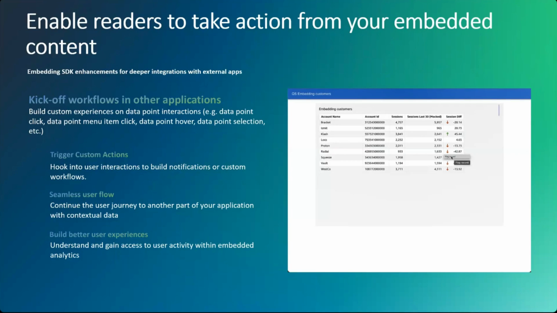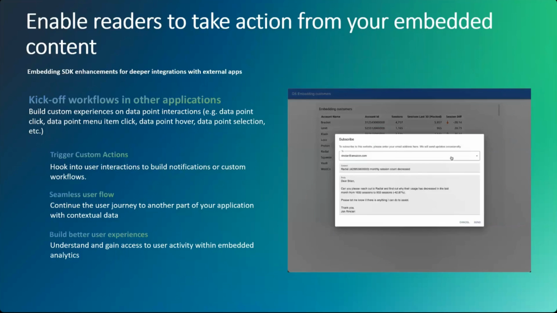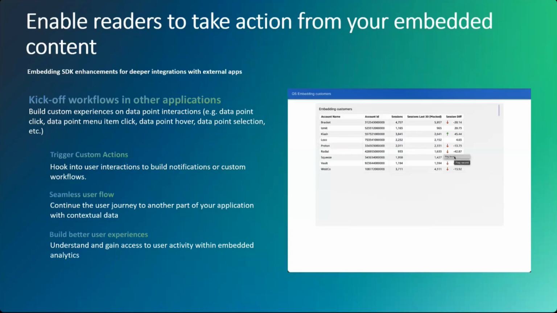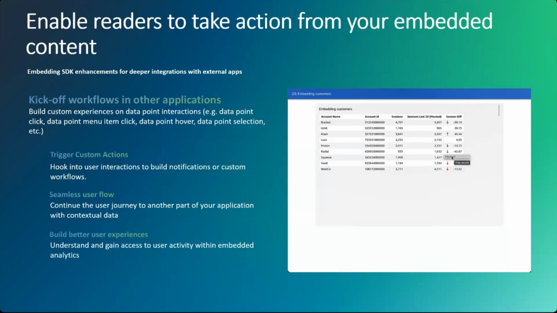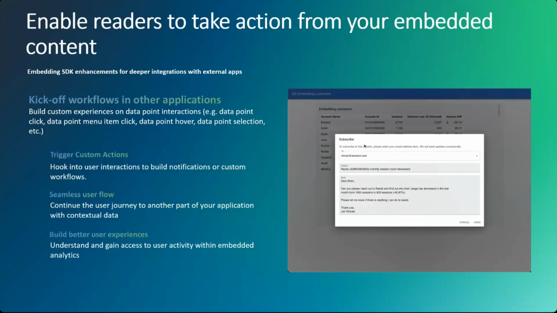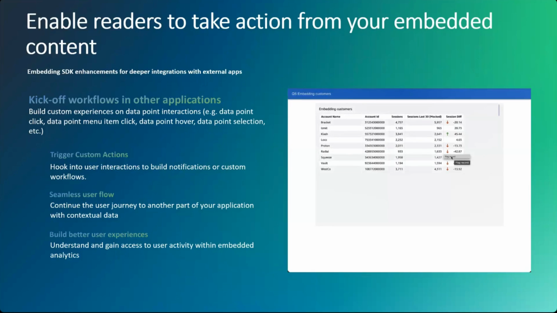But here, let's say you're going through this list of accounts and you want to flag an account for further review for your sales team. You can do that, and it can also trigger that workflow where you can listen to that event. You can extract all the information from that particular record and draft an email and send it out. That can be built as part of your application.